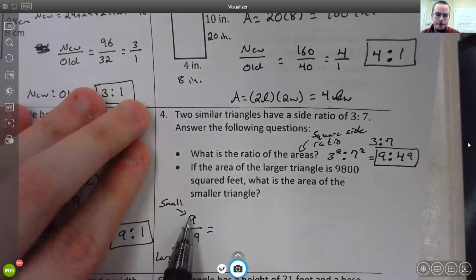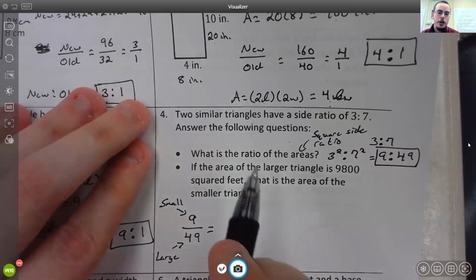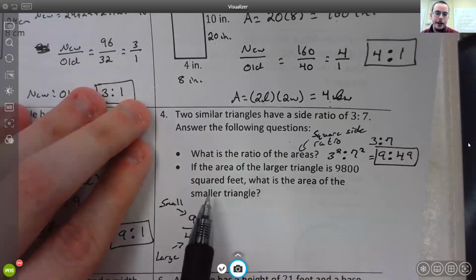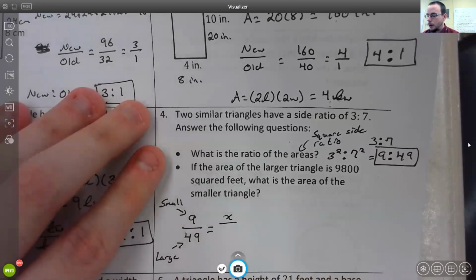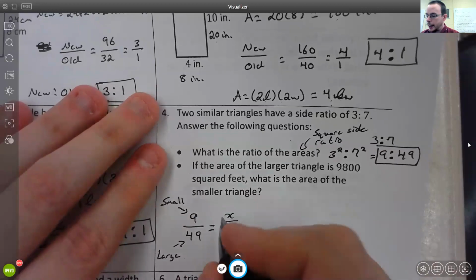So your 9, do we know what the area of the smaller triangle is? No, we don't, because it says the area of the smaller triangle here. So x. Do we know what the area of the larger one is? Yes, we do. It's 9,800.